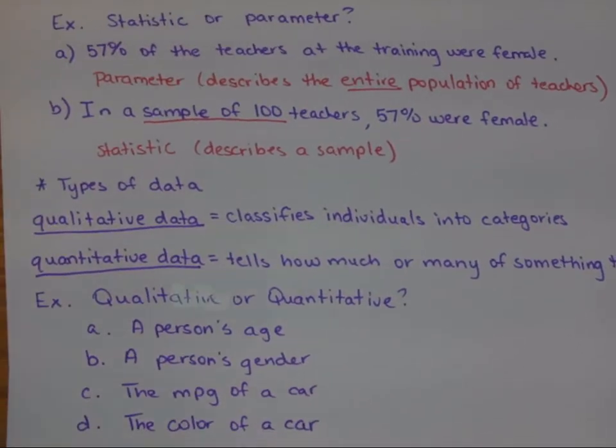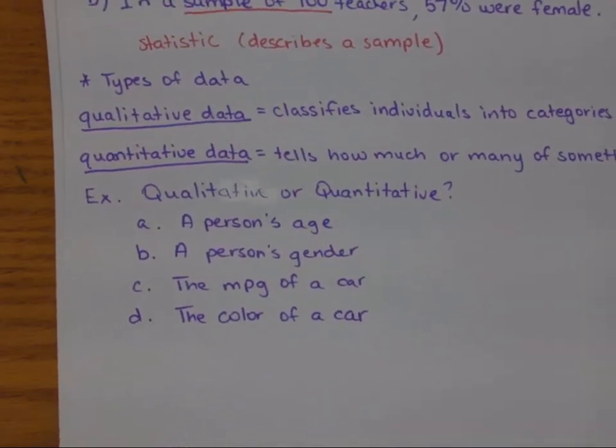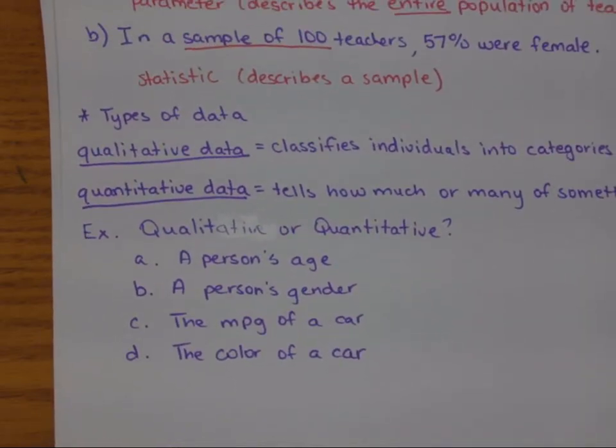Okay, so if these were survey questions for someone to answer, what you need to do is not pay attention to how many of these could be counted, because frankly we could count any number of these things, but it really is the information being gathered. Is it a number or is it not?